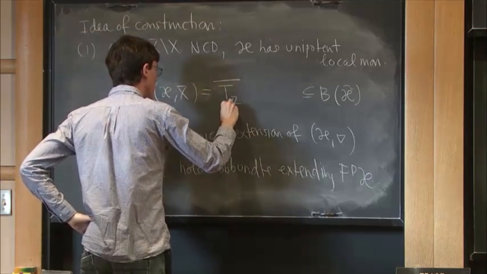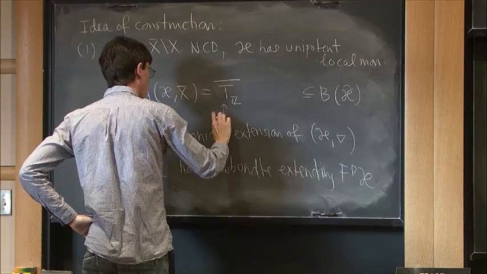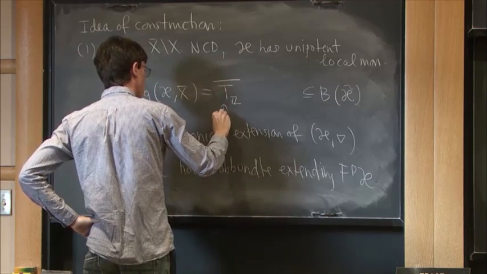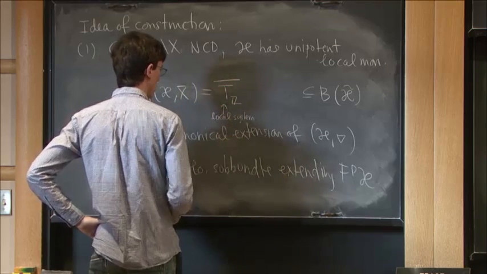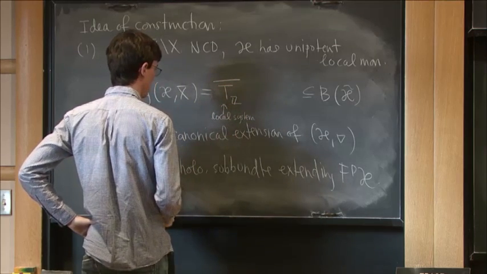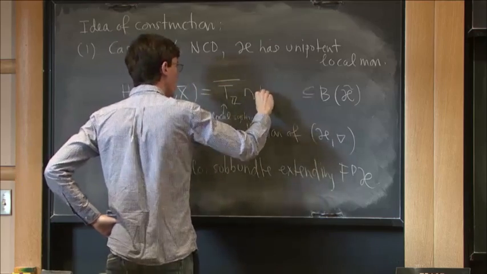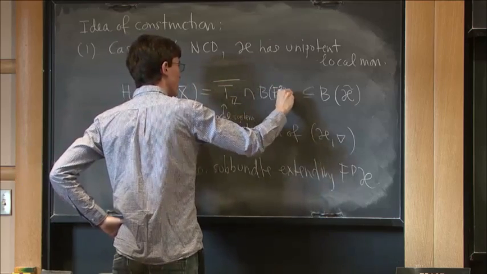Yeah, so this is the manifold corresponding to the local system. Sorry, it's the intersection with this Hodge bundle.